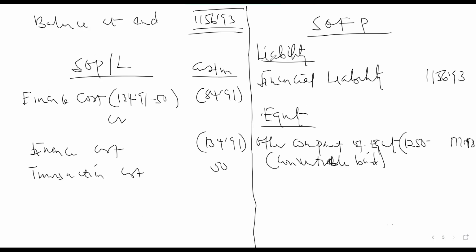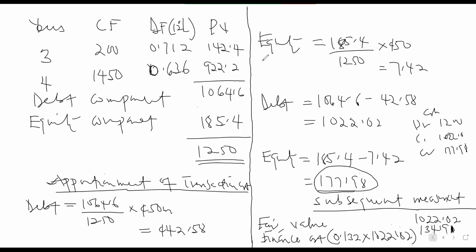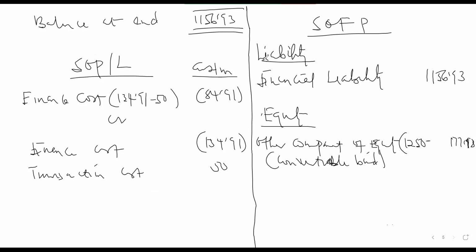The question says that the proceeds have been shown as convertible bond under equity. So you just go and show the actual figure for the equity. Equity should have been 177.98, but we are having 1250.